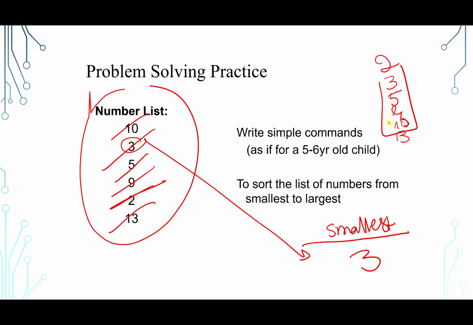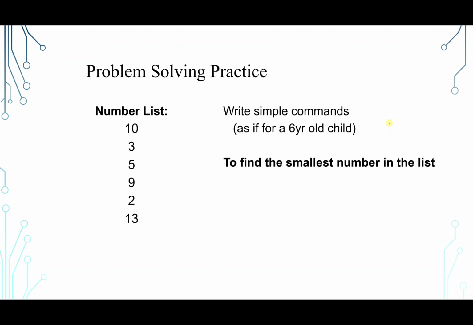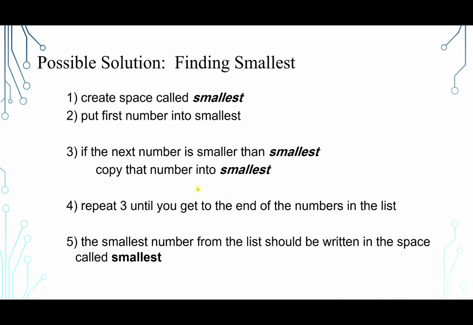Now we followed this one, right? Something that we have done was an algorithm within the algorithm we just used, which is to find the smallest number. To find the smallest number, first we created a space, a memory location called smallest. We put the first number into smallest. If the next number is smaller than the smallest, then we copied that number into the smallest.